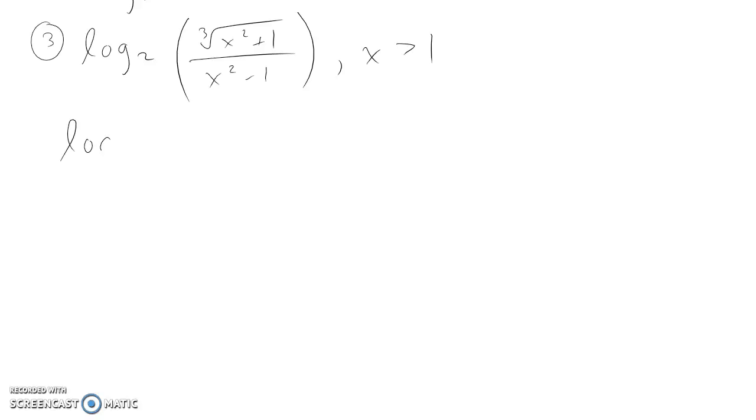All right, we're going to do one more in this direction, and then we're going to start talking about compressing. Although we're going to find out something kind of cool in the meantime. We're going to take log base 2 of the cube root of (x squared plus 1) all over (x squared minus 1), where x is greater than 1. Well, the laws of logarithms say, I'm dividing two things and I'm taking their log, so I can separate that up as the log of the numerator minus the log of the denominator.